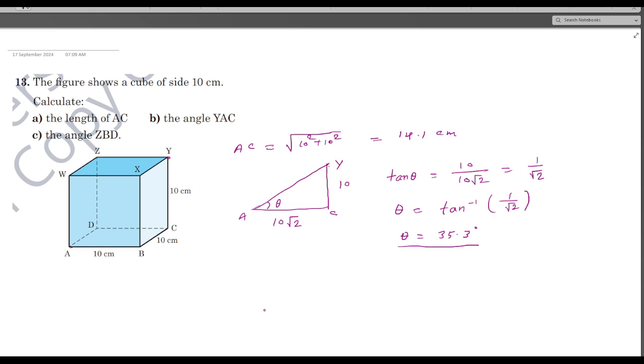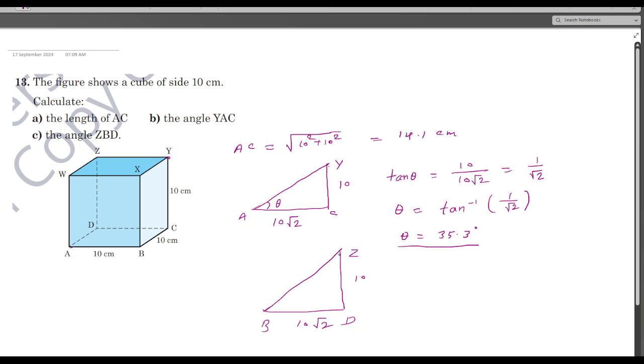So if I draw BD, the length of BD is going to be 10 root 2, and Z is here, which is at a height of 10, and we have to find out angle ZBD.